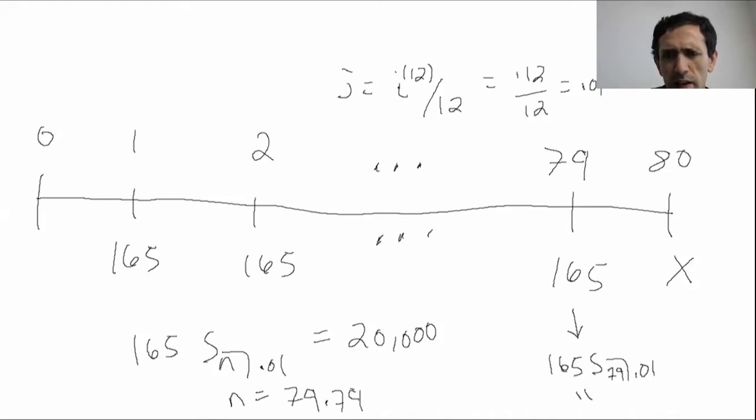So we can just safely enter 79 and compute future value, and we get, well, not quite 20,000. That better be the case, because we're rounding down, so we better get something slightly less than 20,000.